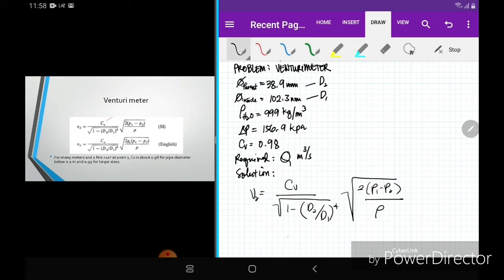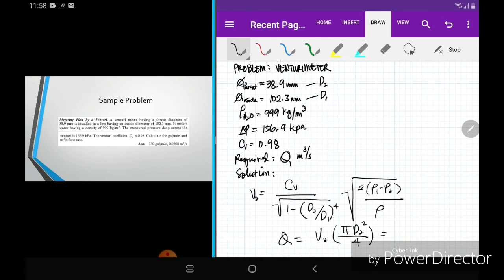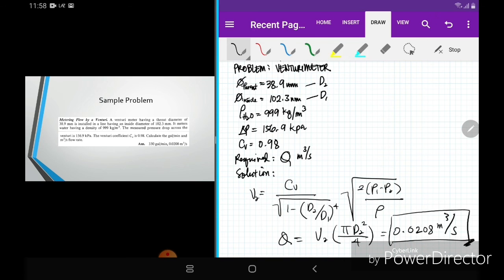Okay? So, calculate your volumetric flow rate. You have V sub 2 times pi d sub 2 squared all over 4. The answer is equivalent to 0.0208 cubic meter per seconds. Paki-check na lang guys.